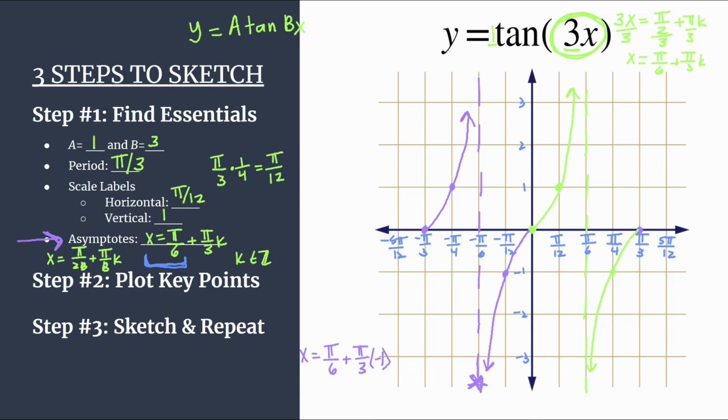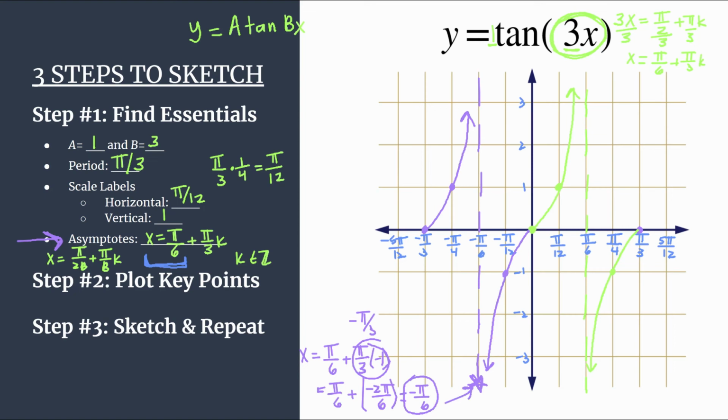With a little bit of calculation in common denominator, we want a common denominator of 6 so that we can simplify. So you'd have pi over 6 here, and negative pi over 3 would be rewritten as negative 2 pi over 6. And you see that gives you negative pi over 6. So that is the asymptote that we just graphed.